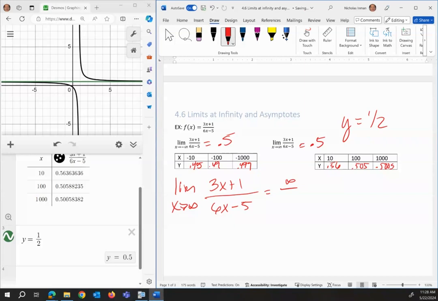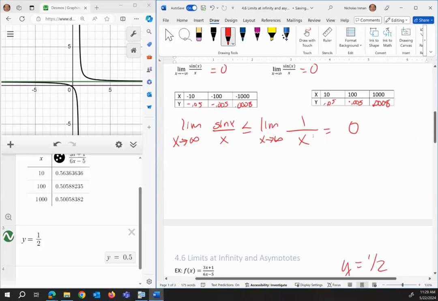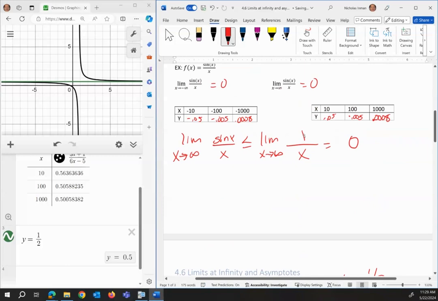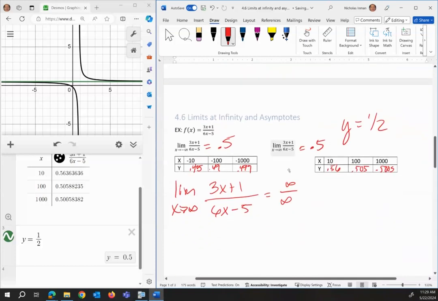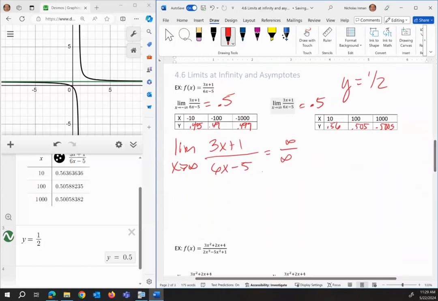Take away 5, still infinity. So I can't just plug in a big number in my head and come up with an answer. It's not like the earlier ones where I had just a constant on top divided by something that grew and grew. This one, the top and bottom are both growing. So we have a way to do this.